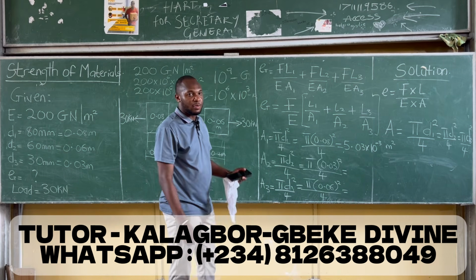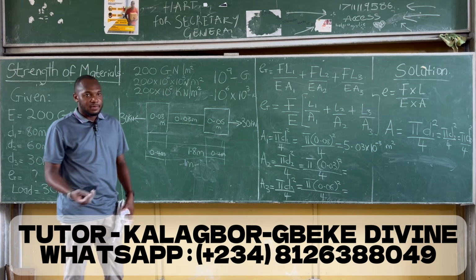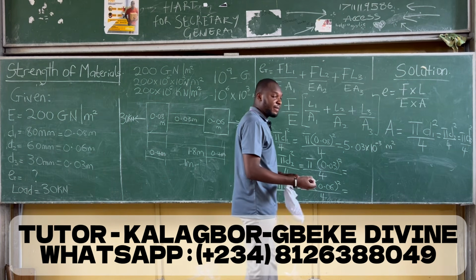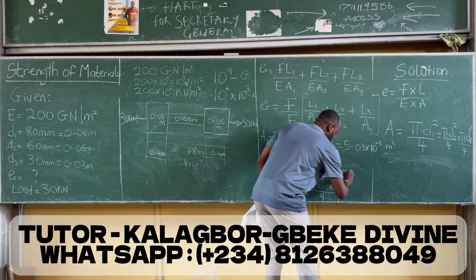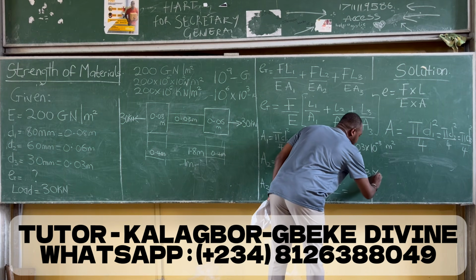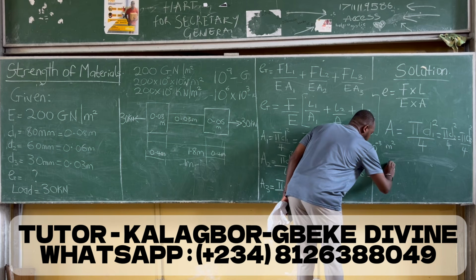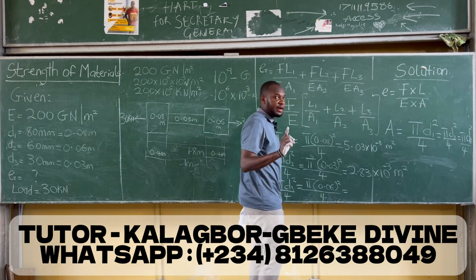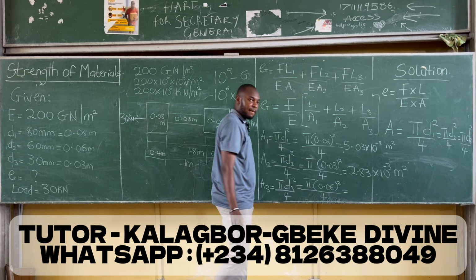Please help me punch. 2.83 times 10 raised to the power minus 3, in meter square, because it's area.